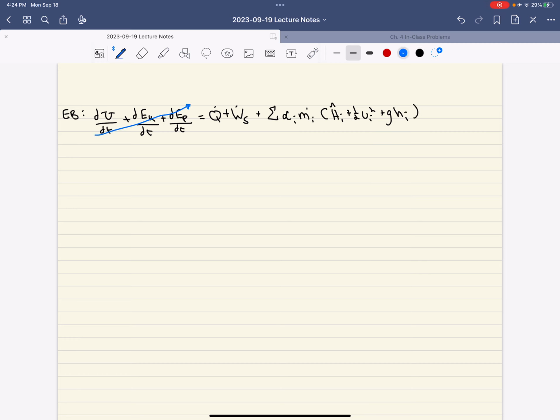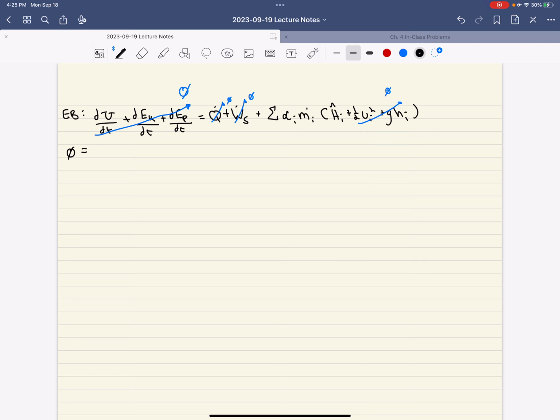The left-hand side is 0 because it's steady state. We're not worrying about Q. We're not worrying about shaft work. We don't need to worry about kinetic or potential energy. So really what we're left with is only the enthalpies of the streams going into and out of the system. Okay? And so the left-hand side is 0.